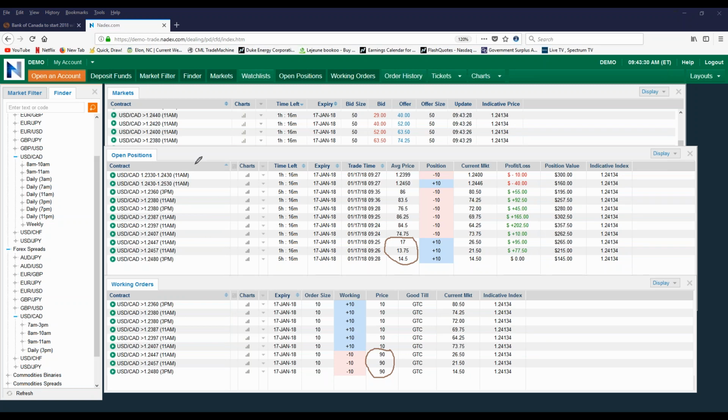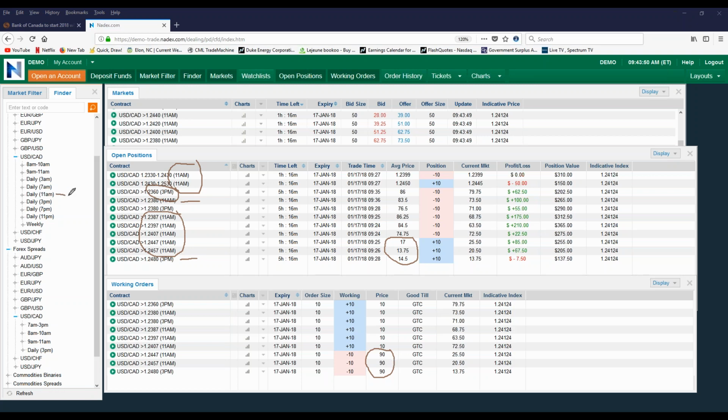Also notice I'm doing 11 a.m. on some of them, 3 p.m. on some. This is a daily. Then I have a 2-hour binary on all of these. And then I have another daily down here, okay?